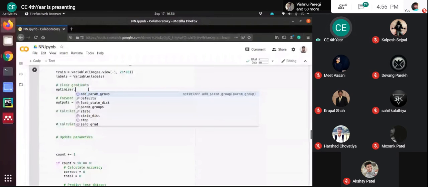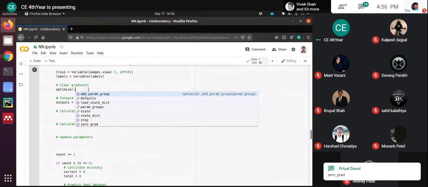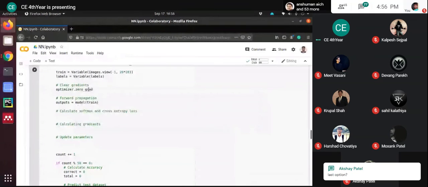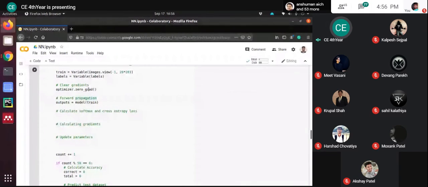Our optimizer is stochastic gradient descent, right? So from this particular list, can you recall how we can clear this gradient? Yes, zero_grad, right? And the output will be model and the train that you are supposed to supply.